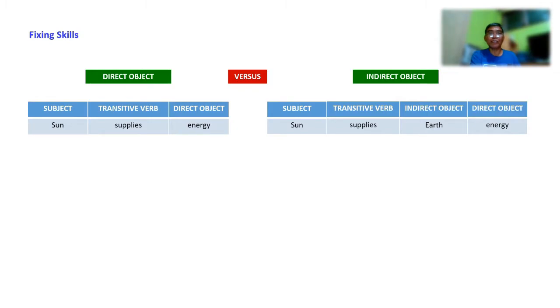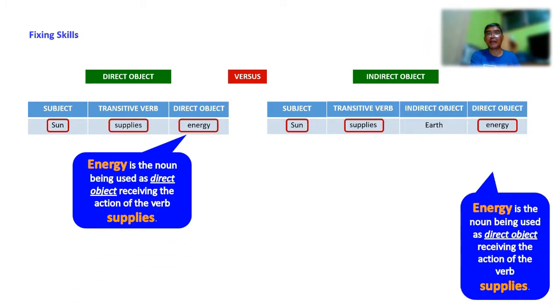In fact, these two sentences have the same subject, sun, transitive verb supplies, and direct object energy. Both direct objects of these two sentences receive the action being expressed by the transitive verb supplies.